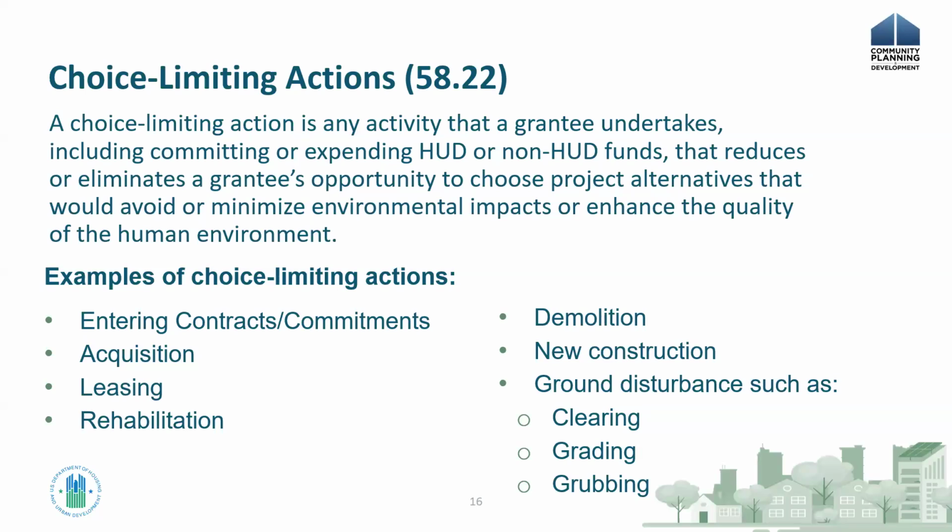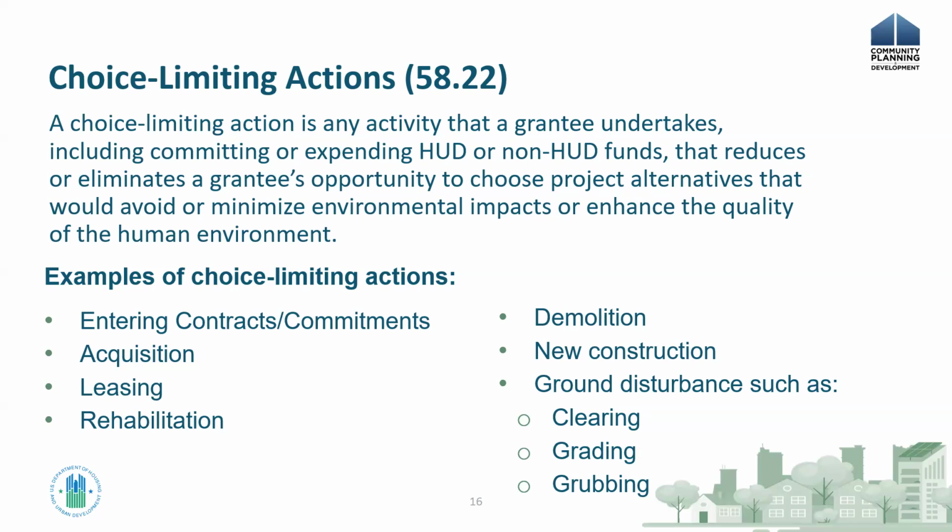These again are actions that limit your choice of project alternatives. So if you've already acquired land or a site, you're committing to that site. You're committing the project to that specific site. That's why it's a choice limiting action.